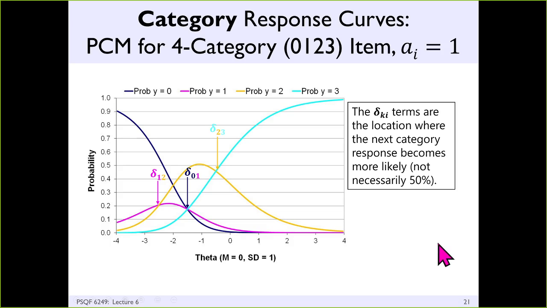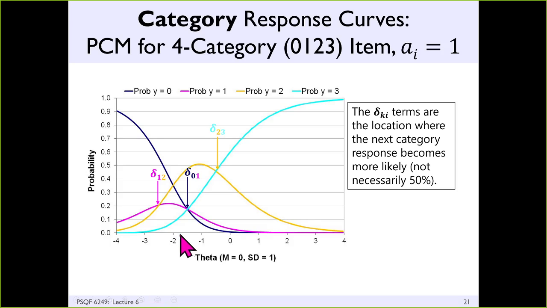How about the thetas 0 and 2, where two curves intersect? Oh, at a theta of 0, that is where the 3 becomes more likely than 2. So the last delta is how much theta it takes to kick over from 2 to 3.